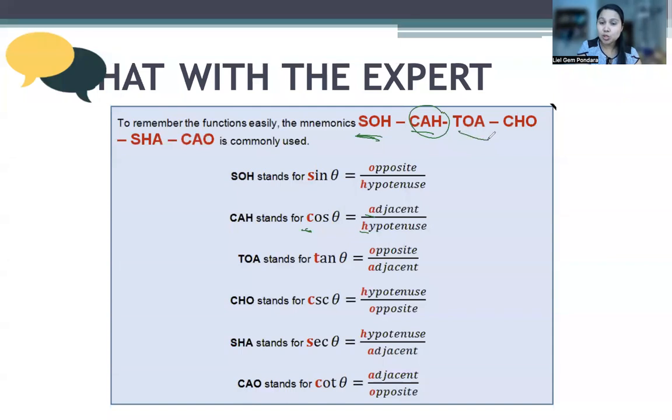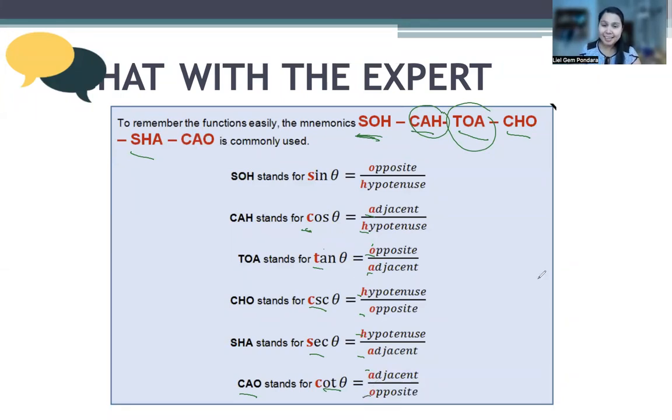The next one, TOA, means tangent equals opposite over adjacent. Next, CHO, that's cosecant equals hypotenuse over opposite. SHA, secant equals hypotenuse over adjacent. Then CAO means adjacent over opposite.